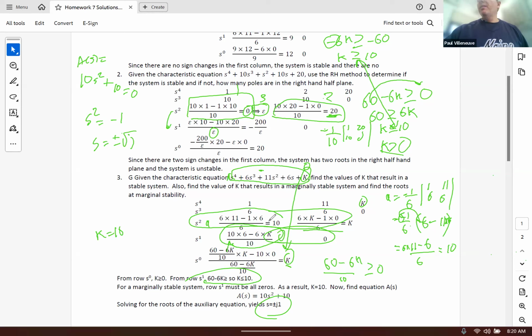So I go up to the S squared row, and then I use this coefficient and this coefficient, and I just plug it into there. This S squared term is from the fact that I'm grabbing it from my row S2. And just like when we do the Routh-Hurwitz approach, we have to skip a term. You notice it's S squared and not S. It's S to the 0, right? So I'm skipping the S1 term. That's what we do in the Routh-Hurwitz.